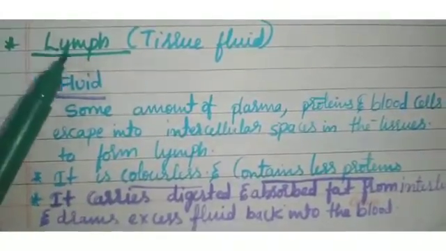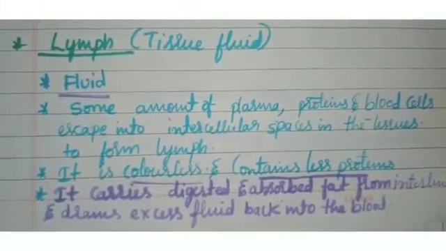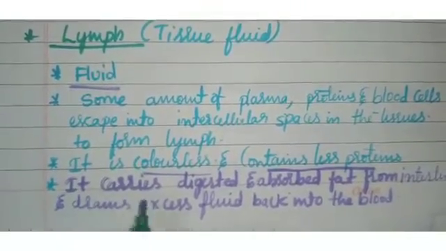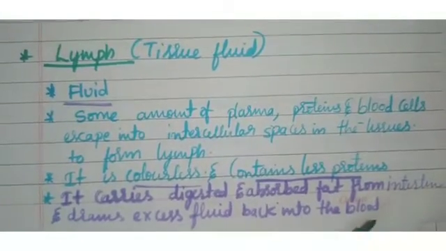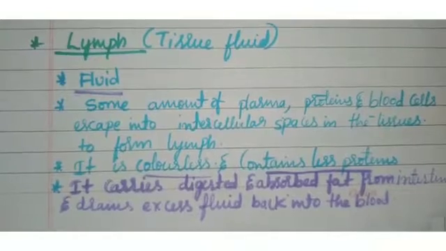So what is the function of the lymph here? One function is that it fights against diseases. It gives immunity to the body. The second is that it carries digested and absorbed fat from the intestine. In the intestine, lymph collects in the nearby intercellular spaces.